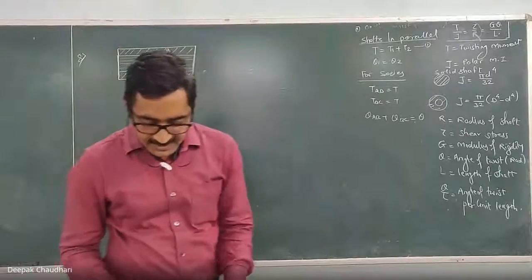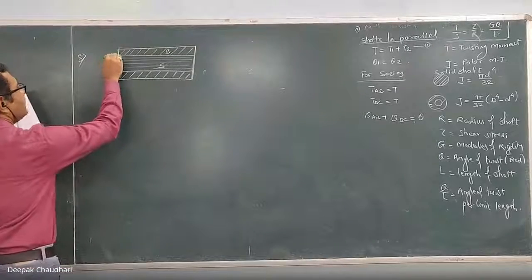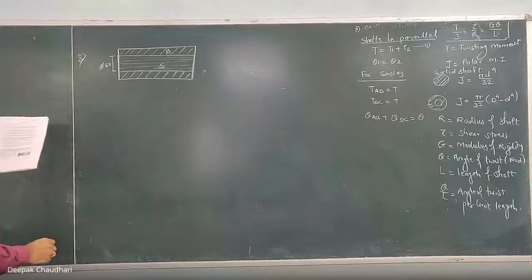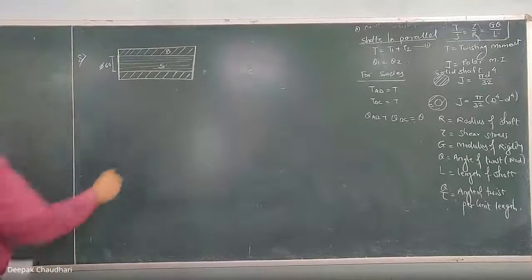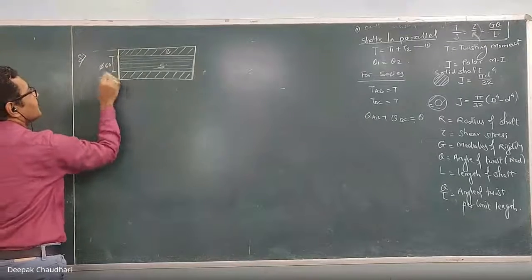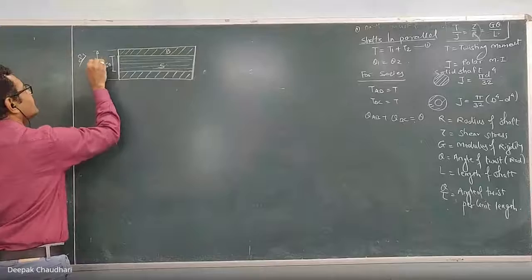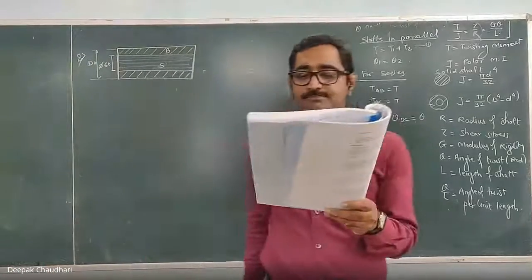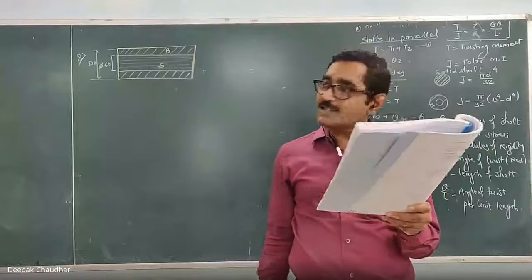Dimensions are given. For the steel rod, the diameter is 60 mm. For the brass tube, the external diameter is not given, so let it be D suffix B, the diameter of the brass tube. Find the external diameter of the brass tube.